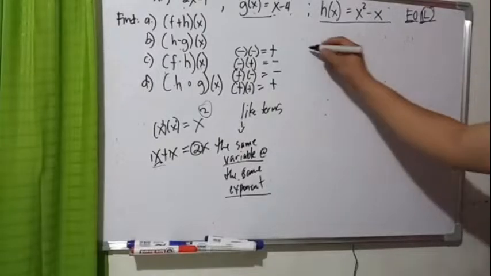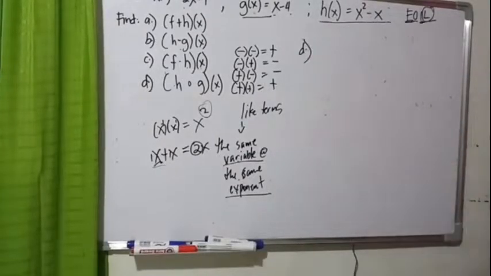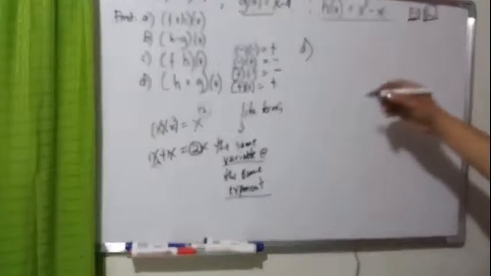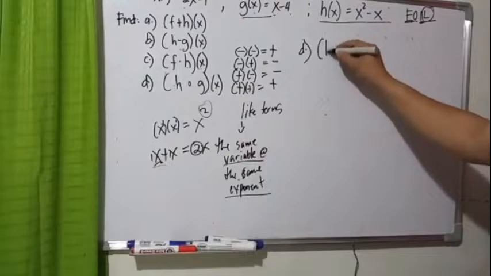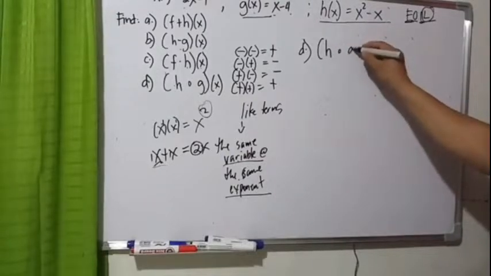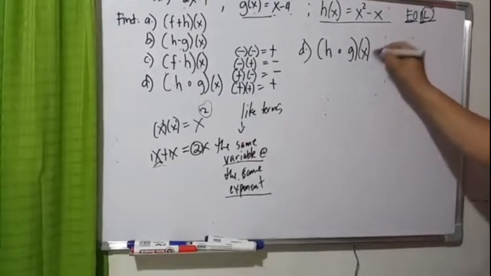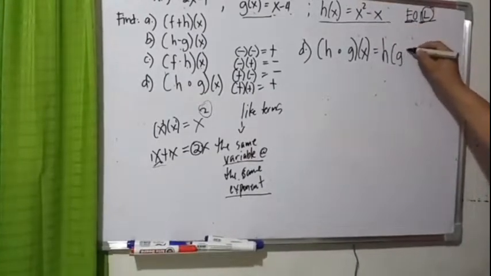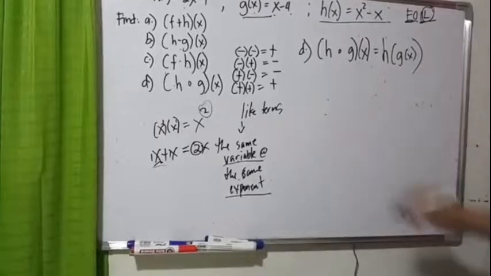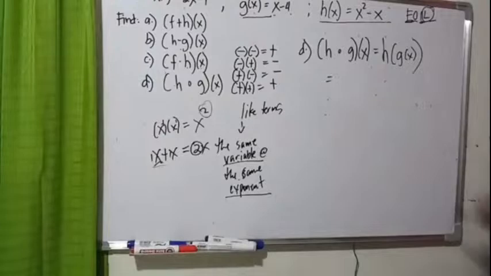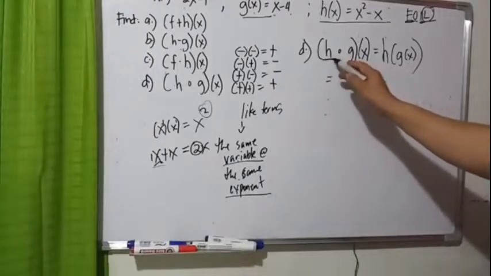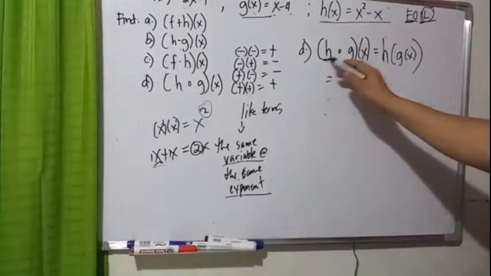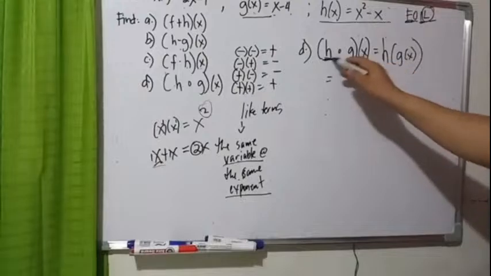Okay, so letter D, that is example of composition of functions. So based on this formula, so that is the quantity of H composed of G times X equals H of G of X. Again, in composition of functions, tingnan natin yung una. Ito yung given. So, ano yung value ng h of x?